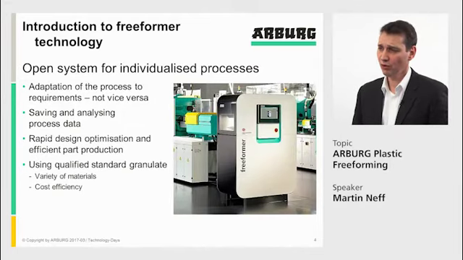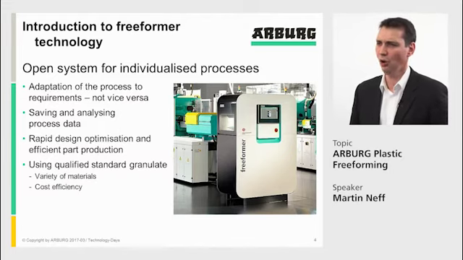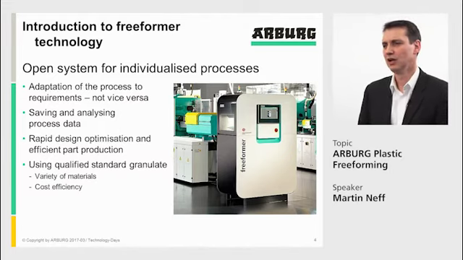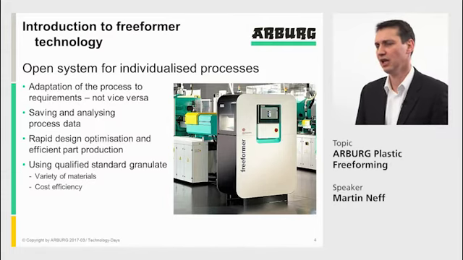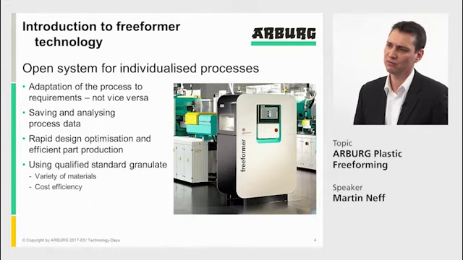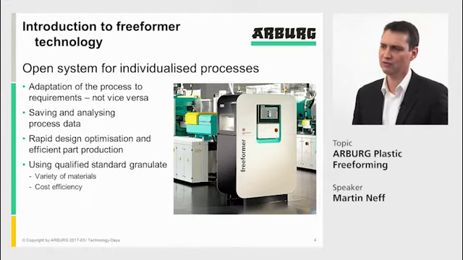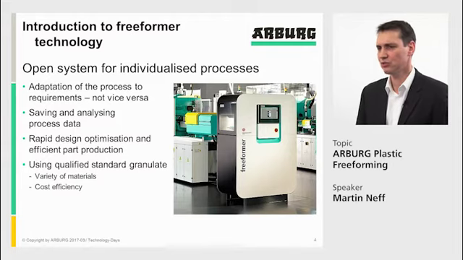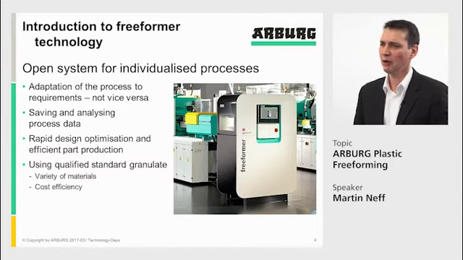Very important, just as an introduction, is that we have with the freeformer an open system available. That means you can adapt your process according to your demands of the materials, according to your demands of the part geometries. That means you have the possibility of really generating a part fast and optimizing that part.